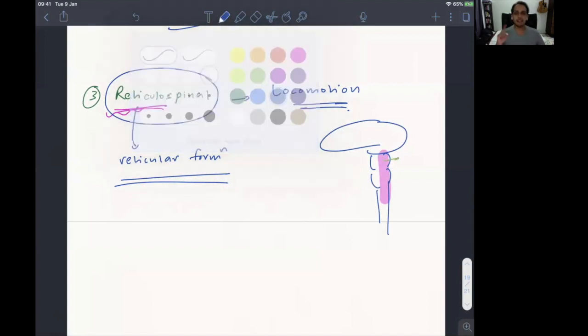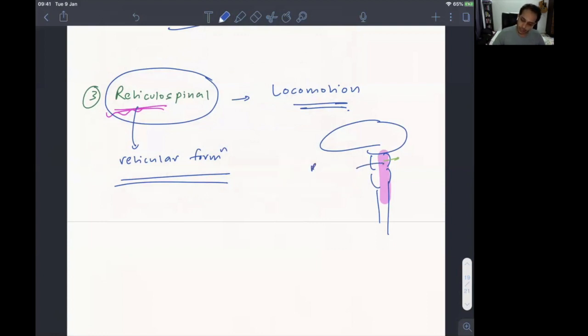So now you may have attended the consciousness talk on Sunday, but if not, then remember that there is a reticular activating system, and that is primarily involved in awakening and your conscious state. Now, that same reticular formation is also involved in movement.